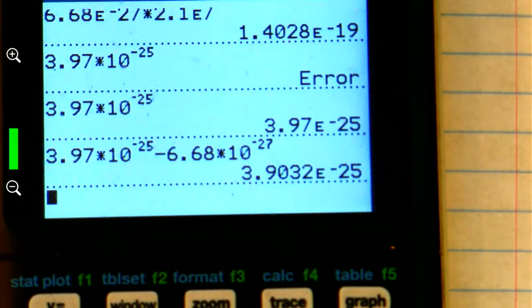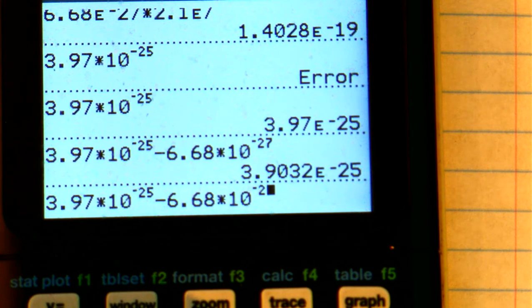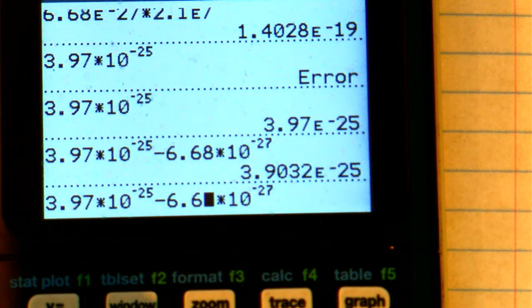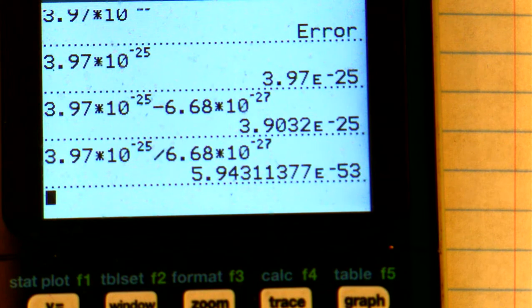Of course, I can just recall the previous expression, move the mouse over to the minus key, whoops, and replace it with divide by, enter, and there is a really stupid answer.